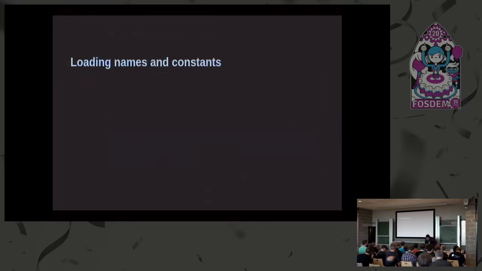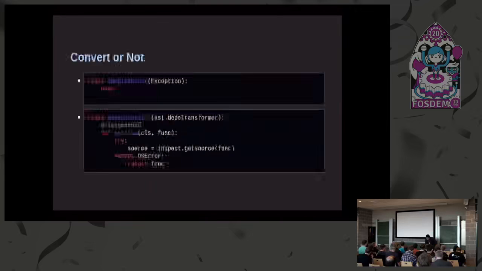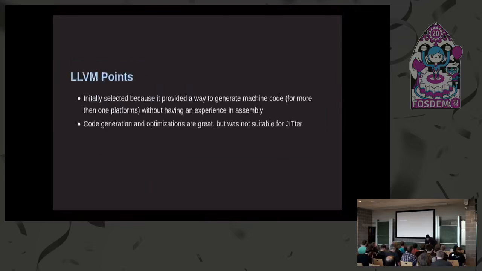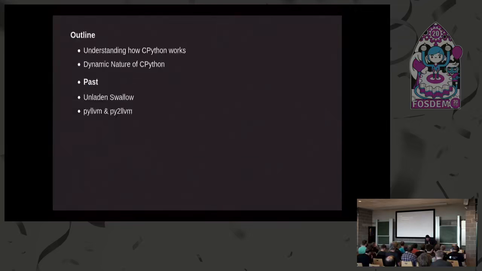Okay, I need to go to the outline to list the other projects. Okay, there were 4 projects. Unladen Swallow was using bytecode, the bytecode I am using in the second approach. So Unladen Swallow's approach and my approach are almost the same.